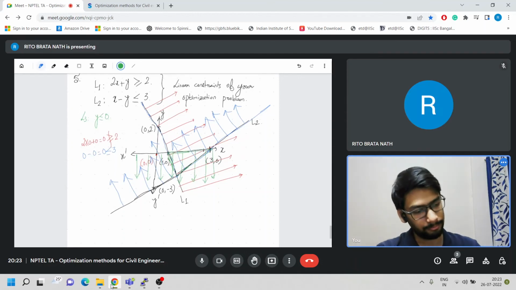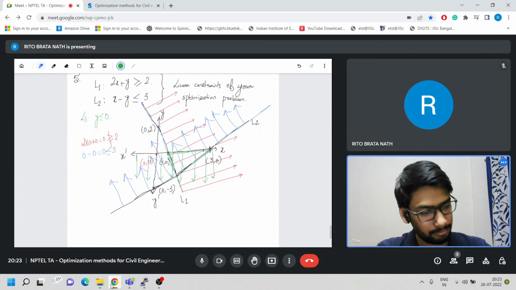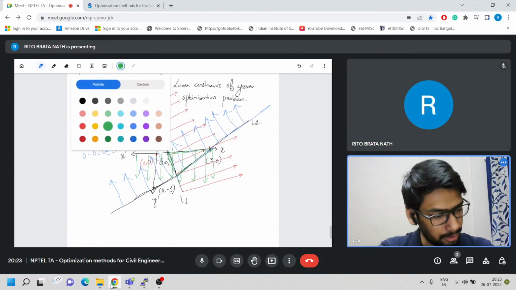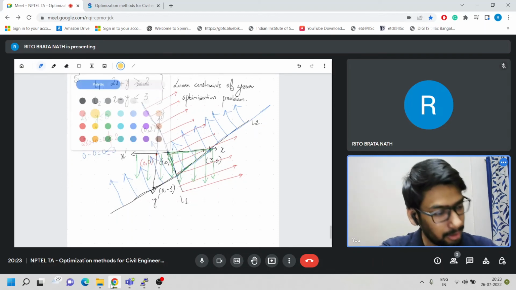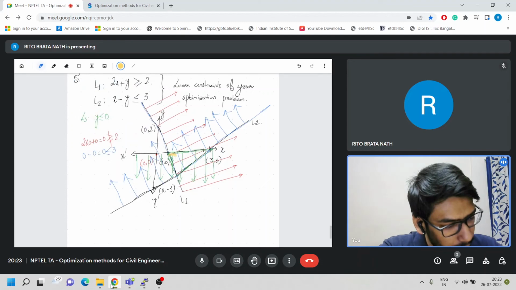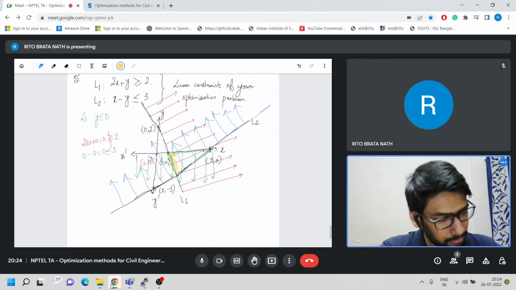So let me mark it in another color, probably what's left now. Okay, let me pick yellow and shade this region.